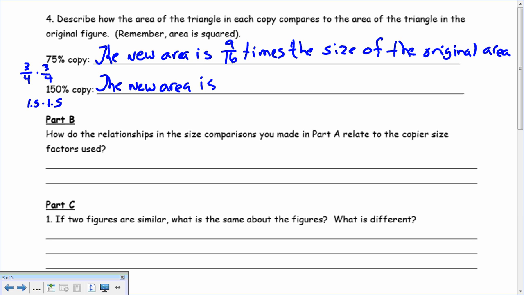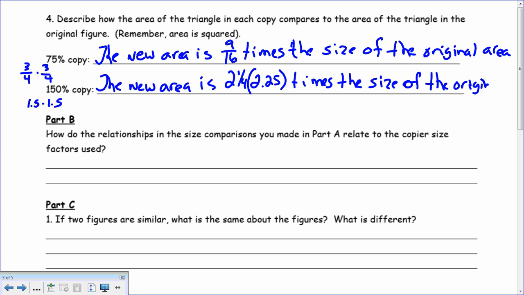Yeah, 2.25. So you could say 2 1/4, or the decimal, 2.25, times the size of the original area. Because again, you got one side that's 1.5 times bigger than the original, and another side that's 1.5 times bigger than the original. So to find the area inside, you have to multiply those two things.